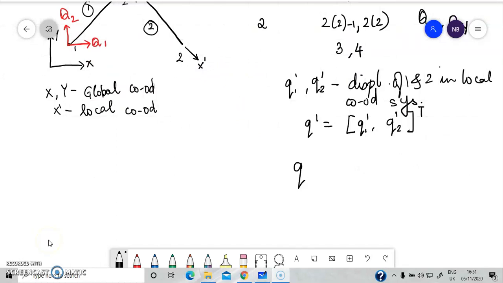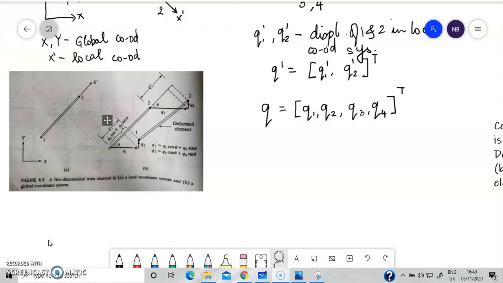In the global coordinate system, q will be given by q1, q2, q3, q4 transpose. The relationship between q dash and q is developed as follows.